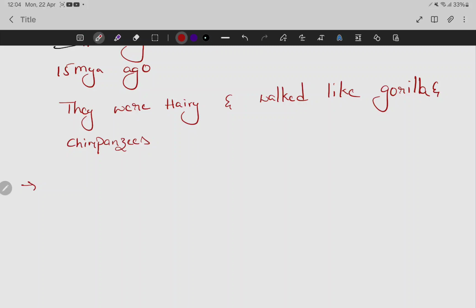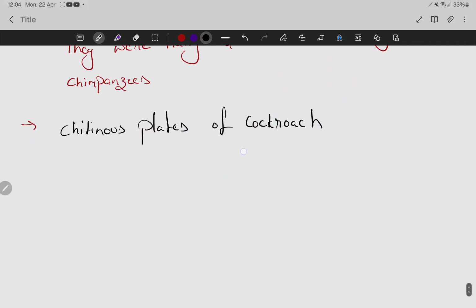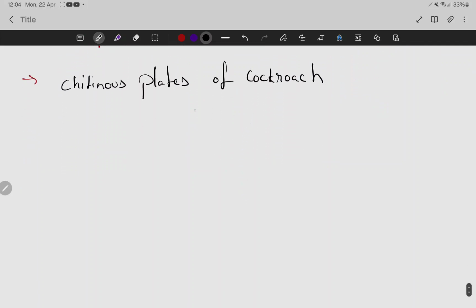So coming to the chitinous plates of cockroach. We have ventral, dorsal, lateral.